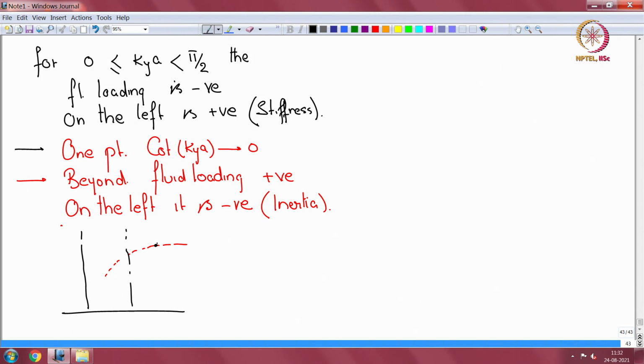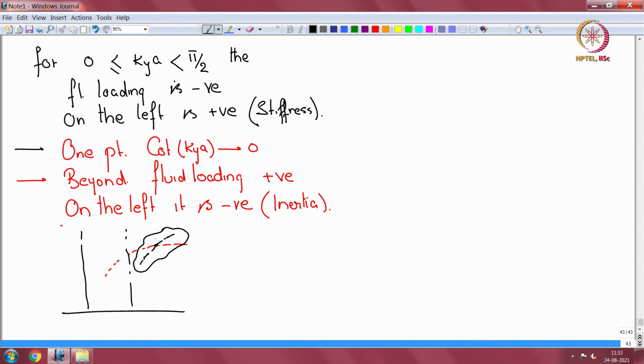Beyond it is positive, and therefore it becomes inertial, before it's negative, so it becomes stiffness. So this is now my coupled flexure beyond coincidence.